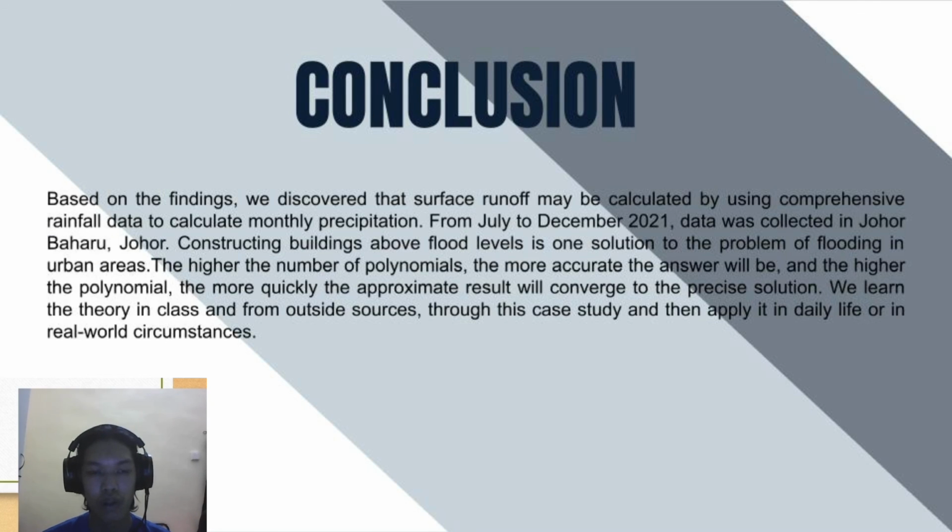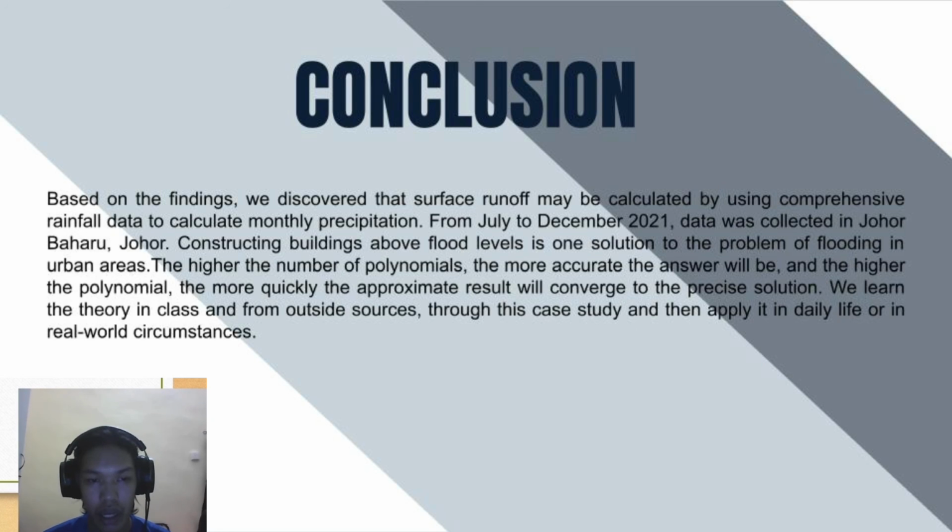So for the conclusion, based on the findings, we discover that the surface runoff may be calculated by using comprehensive rainfall to calculate monthly precipitation. From July to December 2021, data was collected in Johor Bahru, Johor. Constructing buildings above flood level is one solution to the problem of flooding in urban areas.